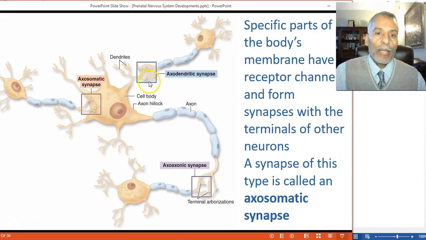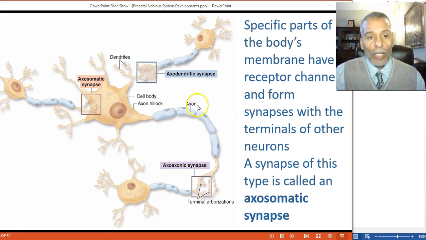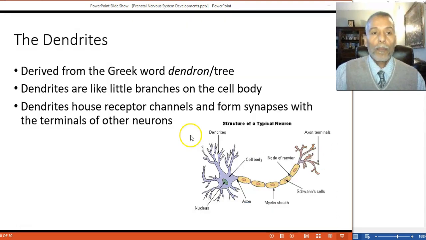So you can see in this image how neurons connect with other neurons. Sometimes the axons of a neuron connect right on the body. Sometimes they connect with dendrites, and the greatest number of neurons connect to dendrites. Some of them connect onto the axon itself. This is not demonstrated here, but they can connect onto the axon of another cell.